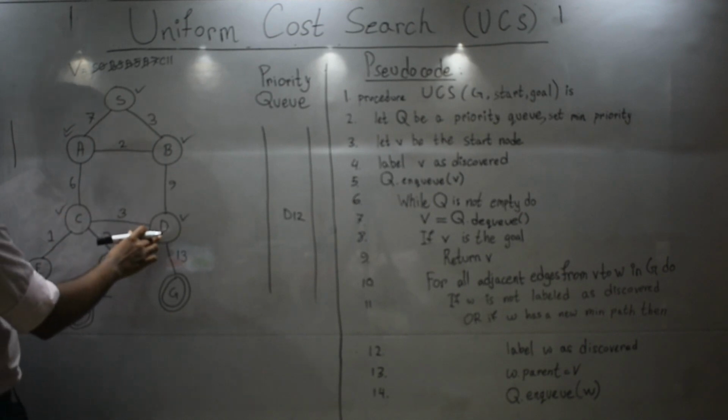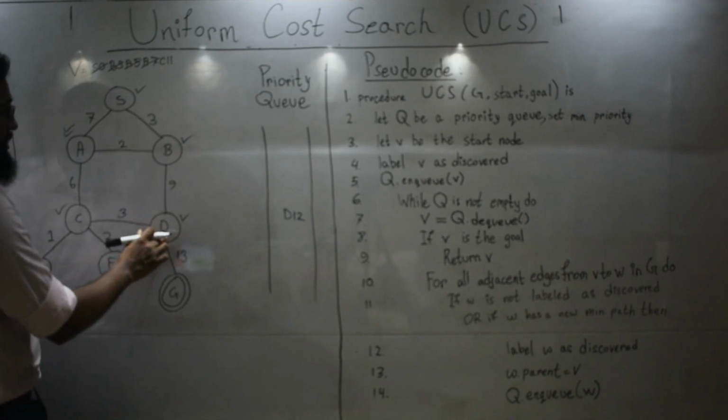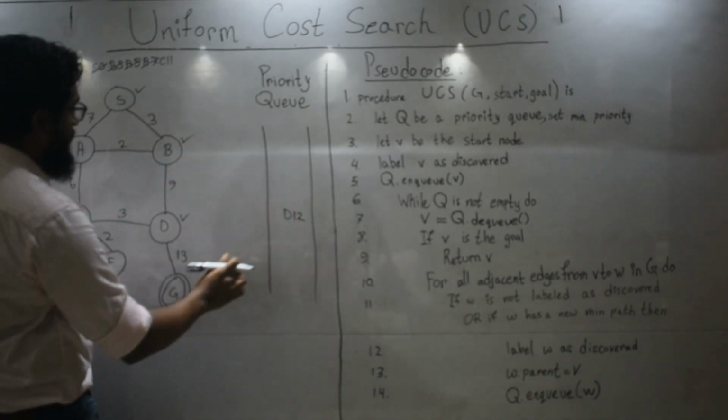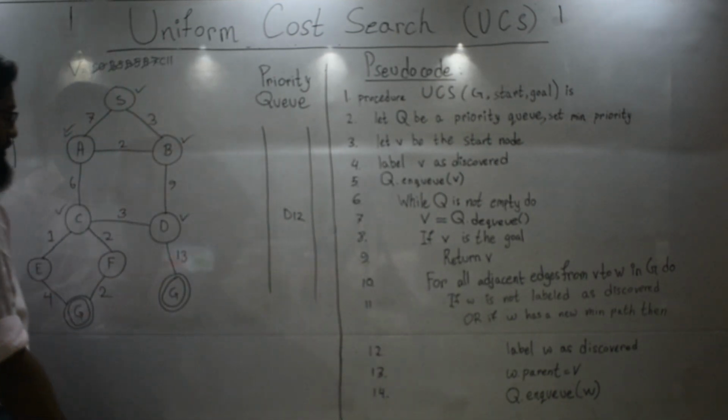For the case of D, C has 11 plus 3, 14 for D, but D already has a value of 12, so this also doesn't make sense. They both will fail these.